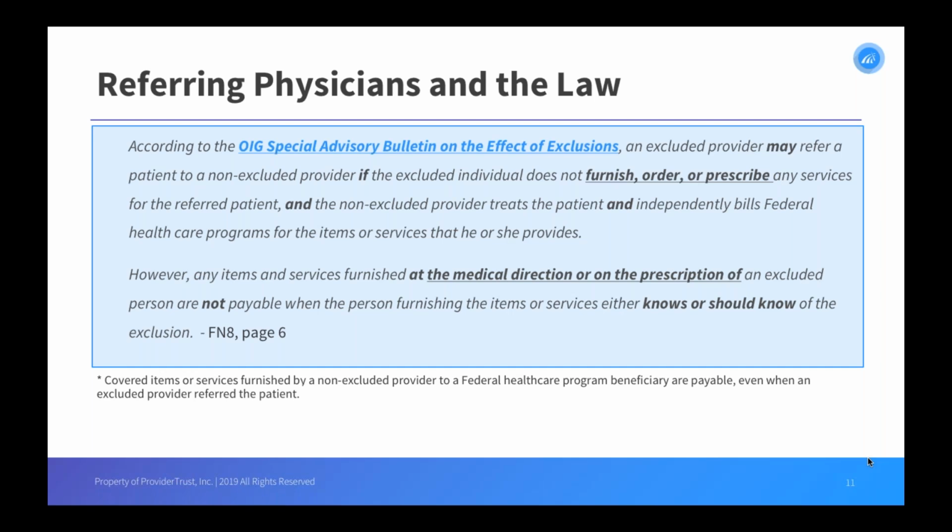From that point forward, the referring physician has nothing to do, is not granted privileges, and is not allowed to order services, x-rays, prescribe, or furnish any type of services. They're just saying, take my patient. He or she is really sick. Although I'm excluded, and you're supposed to check that, I'm out, I'm done. I have nothing left with this patient. That's okay.